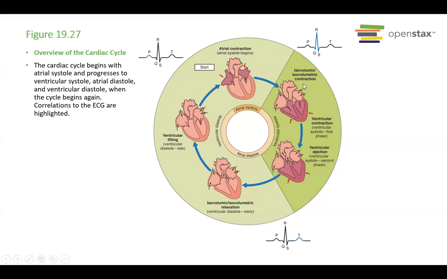In isovolumic or isovolumetric contraction, that is the phase right before you contract. That's why they call it isovolumetric, because you haven't yet contracted. You're just about to contract. But when you have your ventricular ejection, that is when you successfully contract.